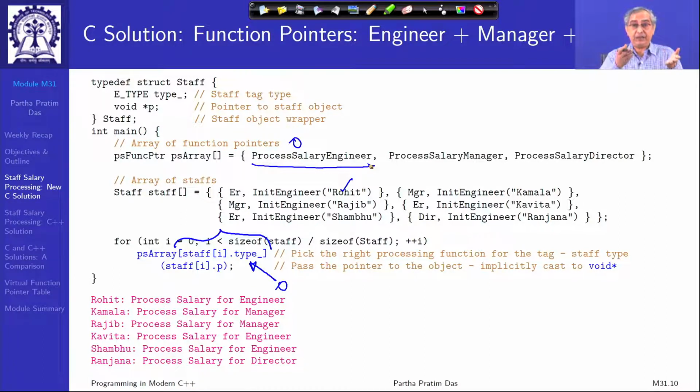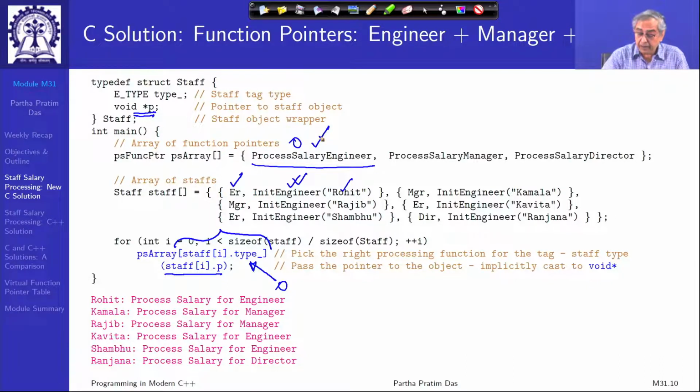I will have to pass it a pointer to the particular staff record, that is a pointer to this engineer Rohit, which is this void star pointer P. So, I do staff I dot P. So, at that function pointer I pass staff 0 dot P, which is the pointer to Rohit's record, which internally gets cast to the engineer, because the engineer processing function has been invoked and the processing is done.